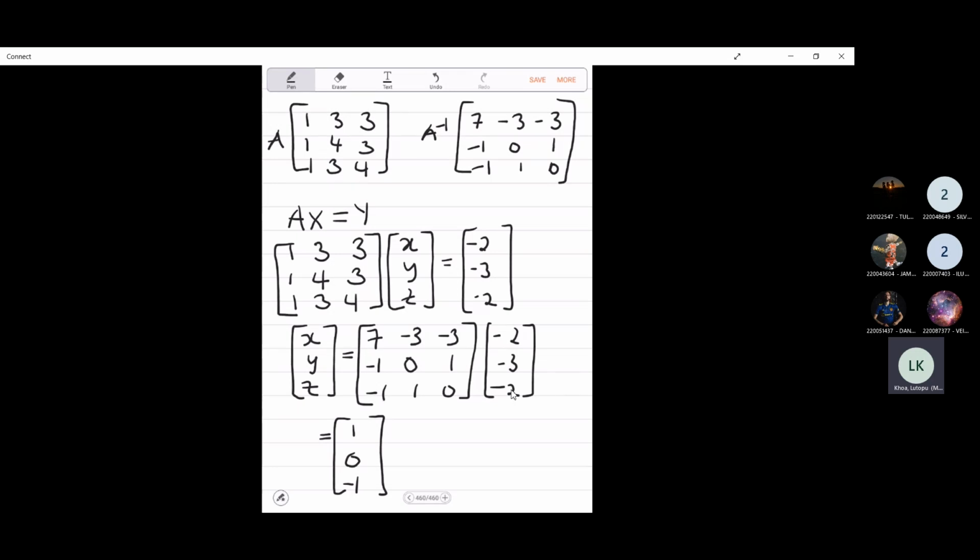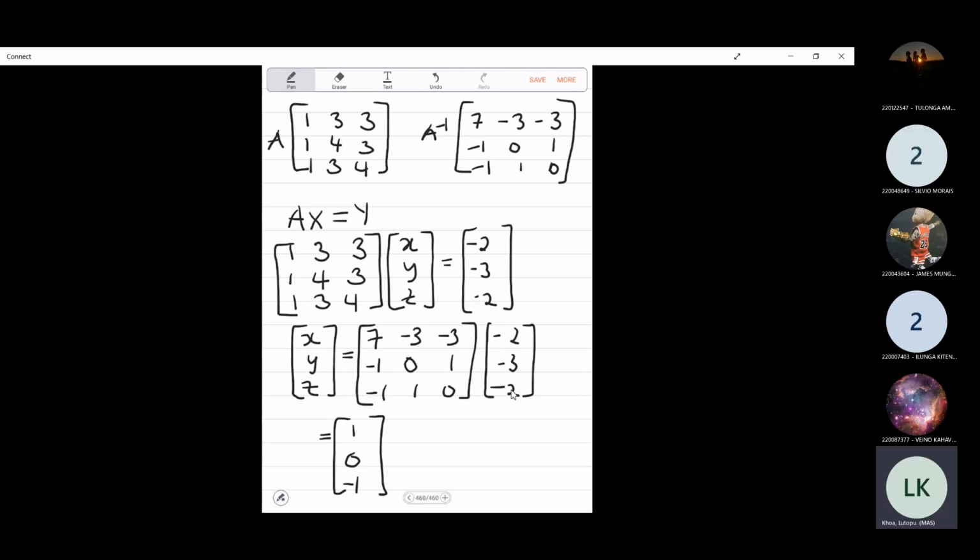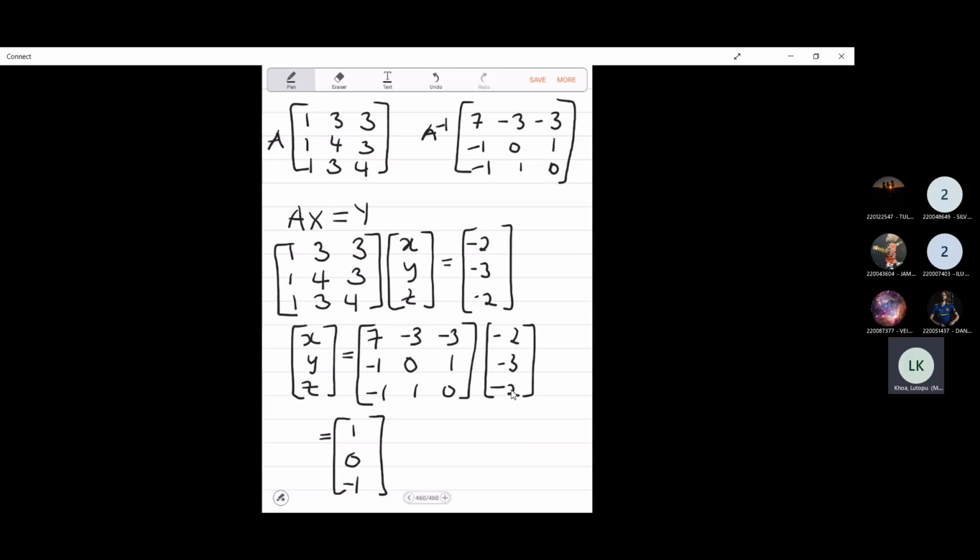So I have 1 plus 0 plus 3 times minus 1. Okay, it satisfies the first equation. Then I have 1 plus 4 times minus 1. Okay, that gives me minus 3.